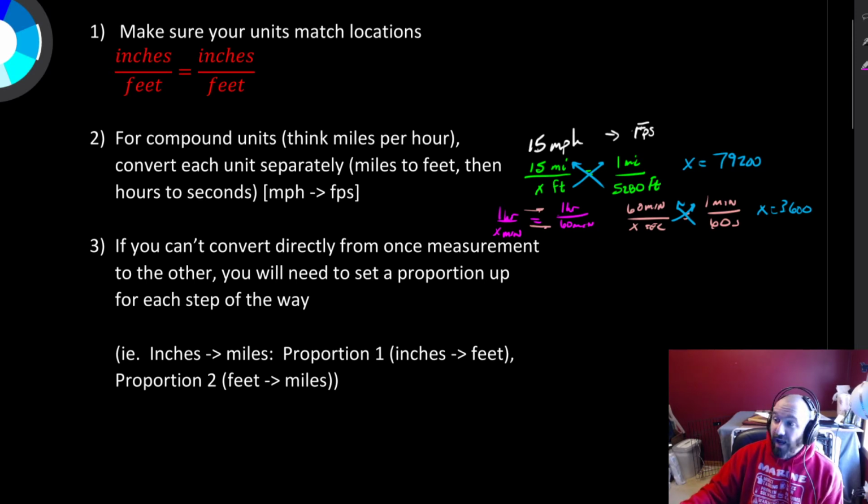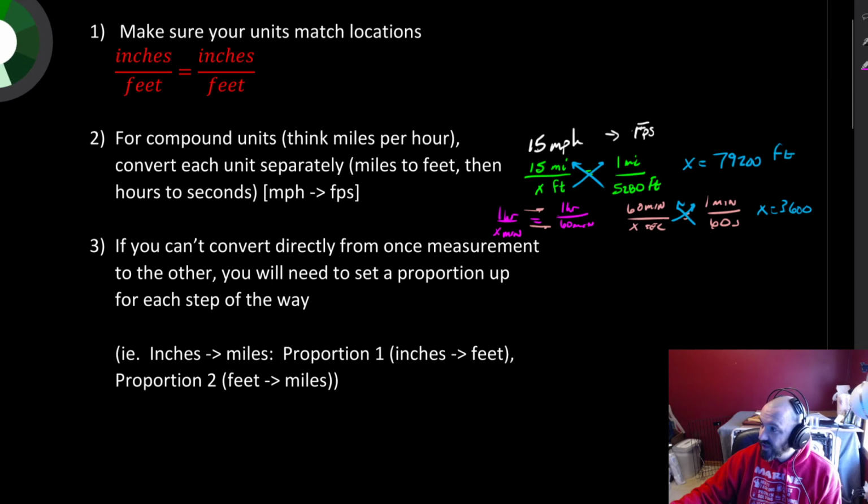So now I can't just do this in proportions very easily. I first convert the miles to feet, and then I convert the hour into seconds. Then what I need to do is read through this and understand that, to find that answer, I am going to need to divide.